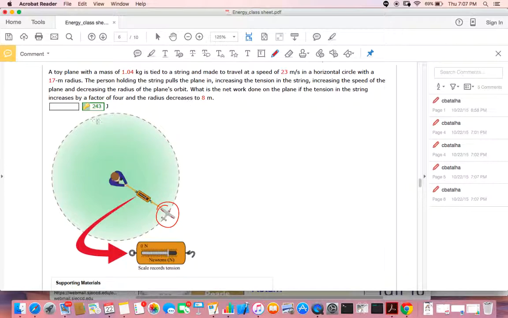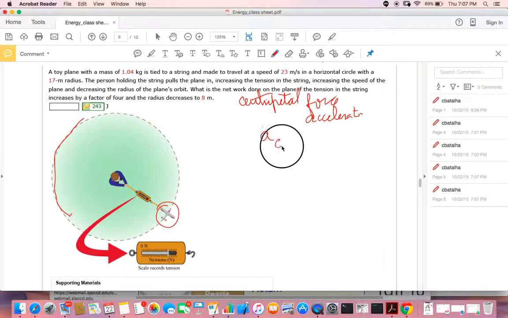Remember, consider that you have a circle, you have something changing direction like a curve, and you have motion. You are going to deal with centripetal force or acceleration. Centripetal acceleration is v squared over r, and centripetal force is m v squared over r.